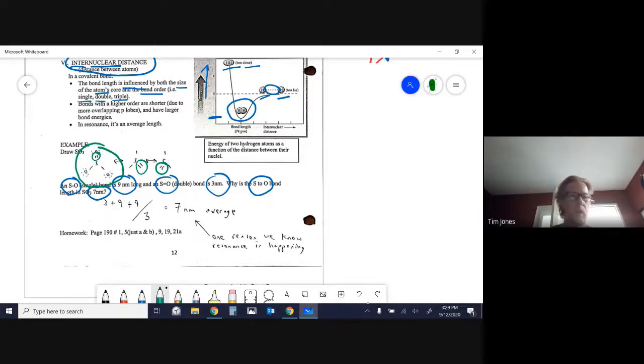The sulfur oxygen double bond will be 3. The sulfur oxygen single, 9. The other single will be 9. Divide that by 3 items, and you get a total of 7 nanometers average. And this, as I mentioned here, is an example of how we know that resonance is actually happening in real molecules.